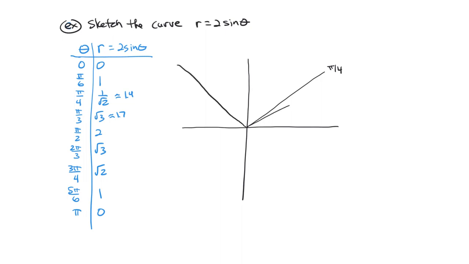They'll have something like this for pi over 6, one like this for pi over 3, and likewise over here. Oh, these are hard to draw by hand. Not going to be very pretty.